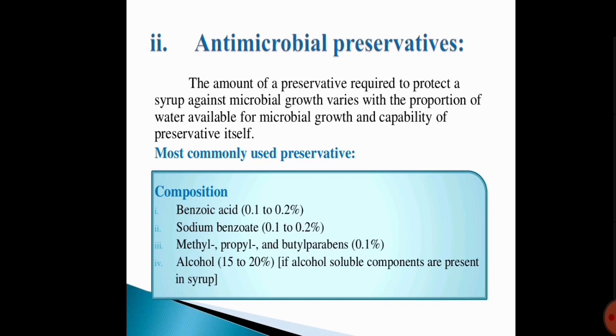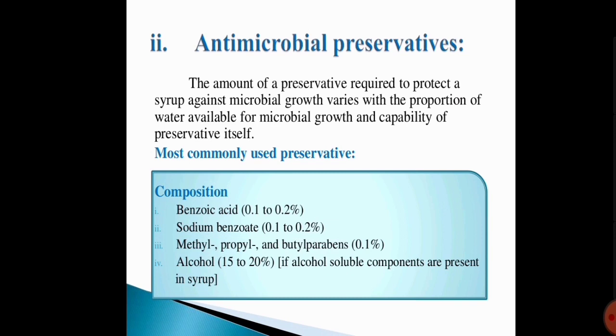There will be contamination and deterioration of the syrup, and we have to discard it. And if there is less water, there will be crystallization of the sucrose. So we have to adjust the concentrations at a specific point so that there is no change in the quality of what we have prepared.